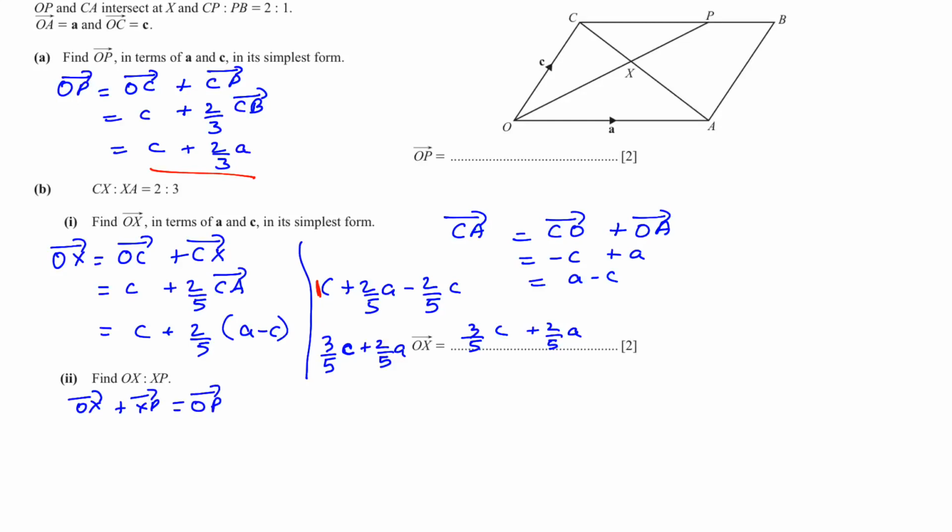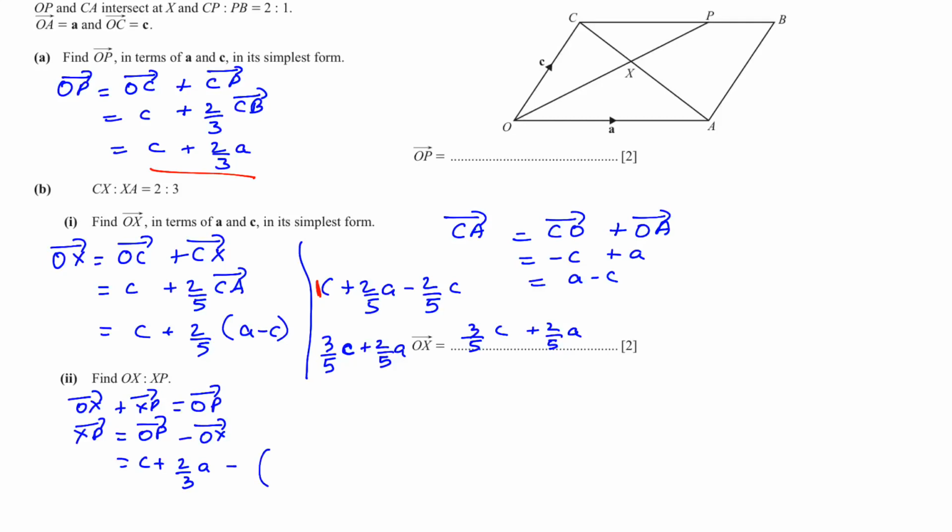We already have OP and also we have OX. So we are going to substitute that to begin with. This is our OP, C plus 2 over 3A. So we write C plus 2 over 3A minus OX.